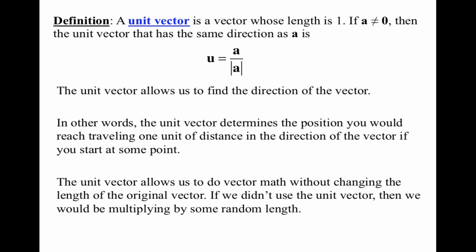In other words, the unit vector determines the position you would reach traveling 1 unit of distance in the direction of the vector if you start at some point. The unit vector allows us to do vector math without changing the length of the original vector. If we didn't use the unit vector, then we would be multiplying by some random length.